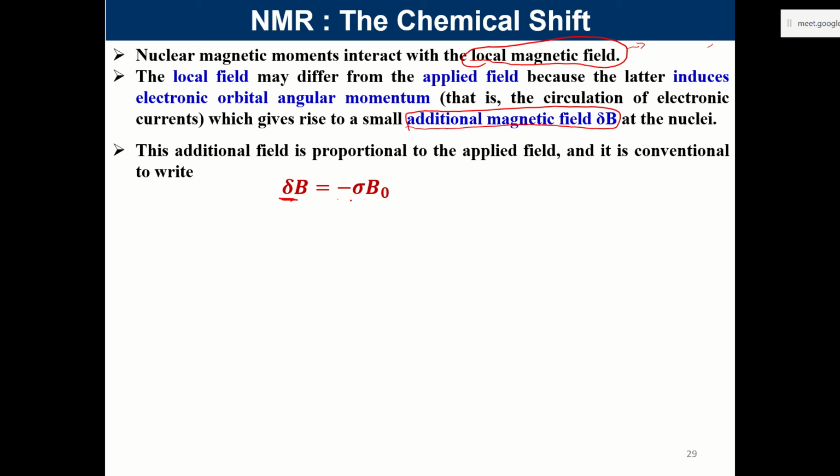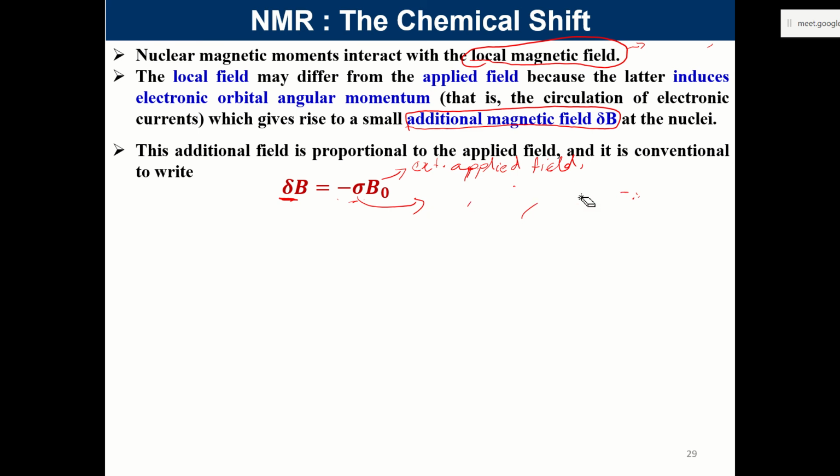It can be equated to the external field, the externally applied field. Sigma is the shielding constant for the electrons around the nucleus.